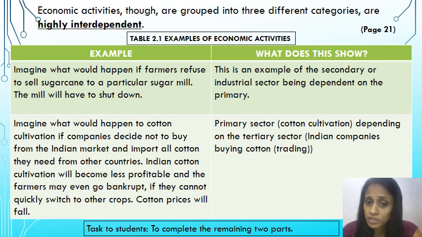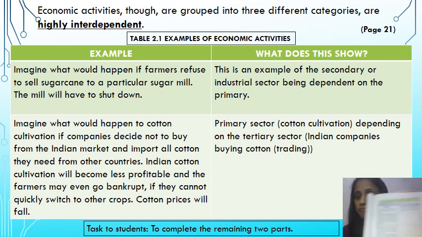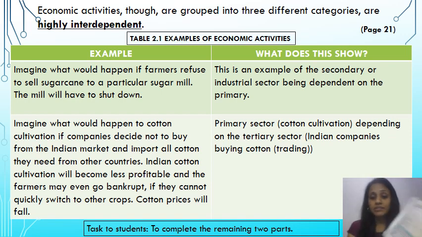Cotton cultivation is in which sector? Primary sector. The Indian companies trading are in the tertiary sector. So here it shows primary sector depending on the tertiary sector. And on page number 21, two more tasks are given, that is third and fourth. That is to be done by you for the practice session.